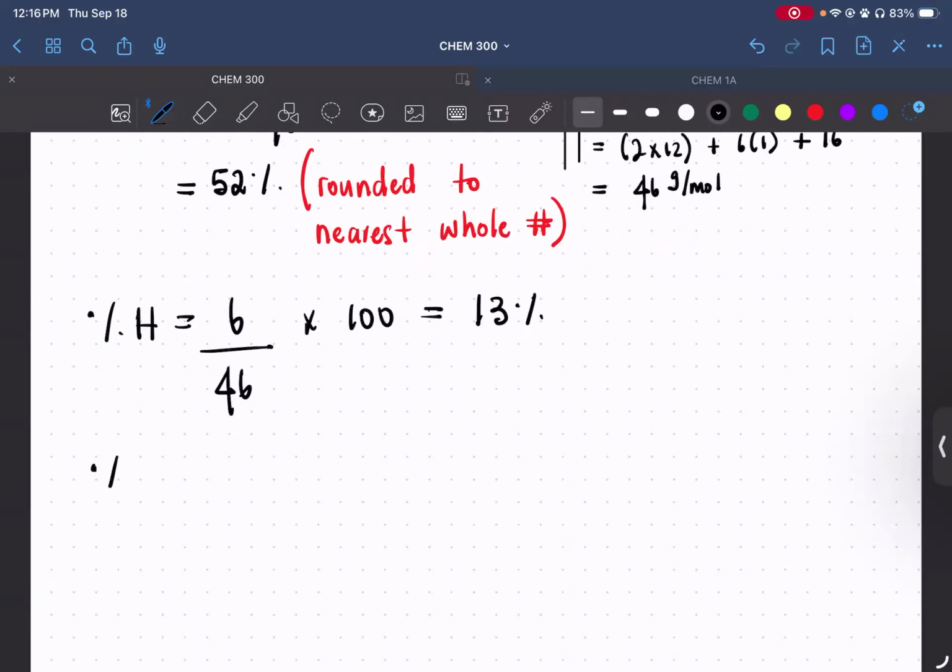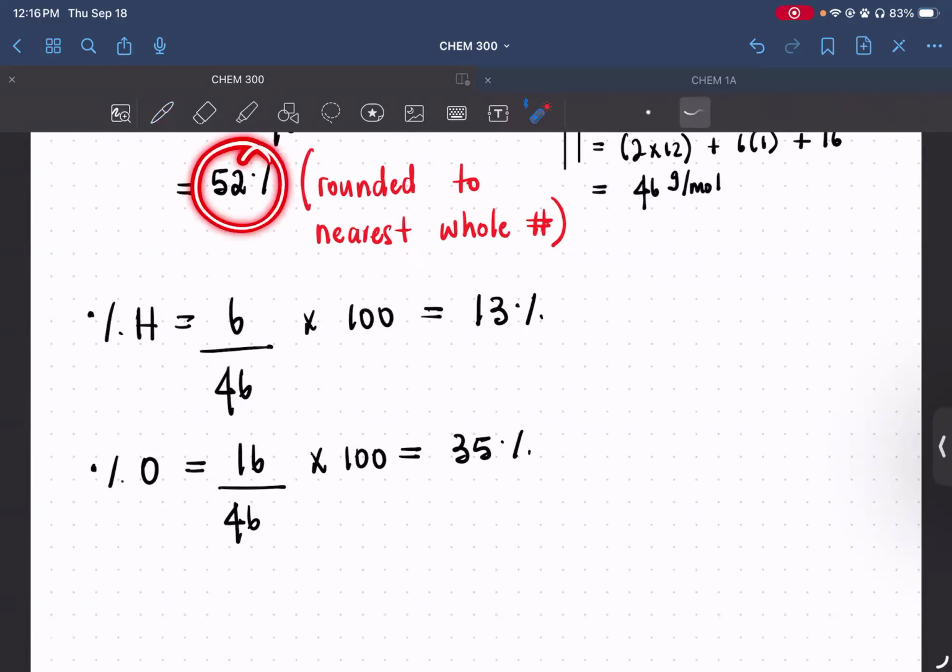After hydrogen, we have oxygen. There's only 1 of them, so 16 over 46 times 100. All of that is equal to 35%. And obviously what you should notice is that all of the percentages added together should give you basically 100.